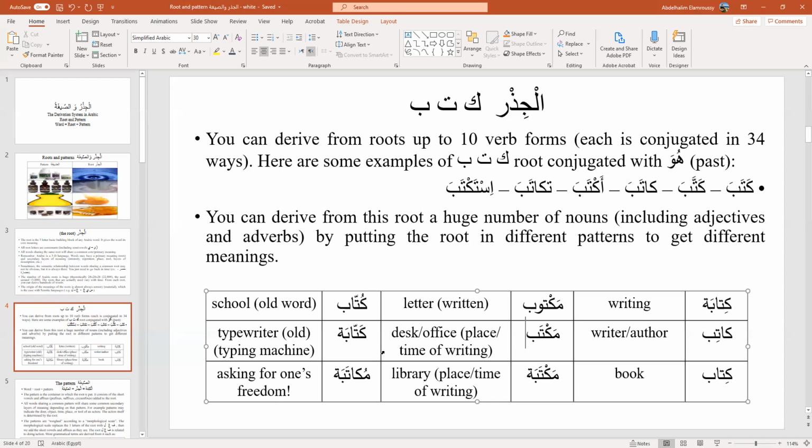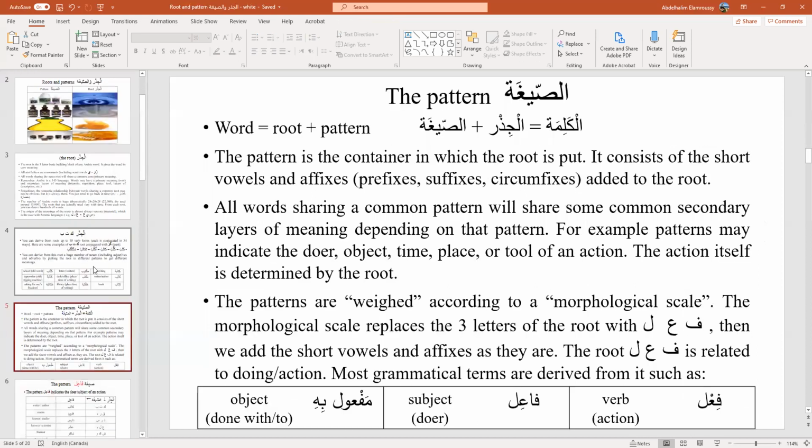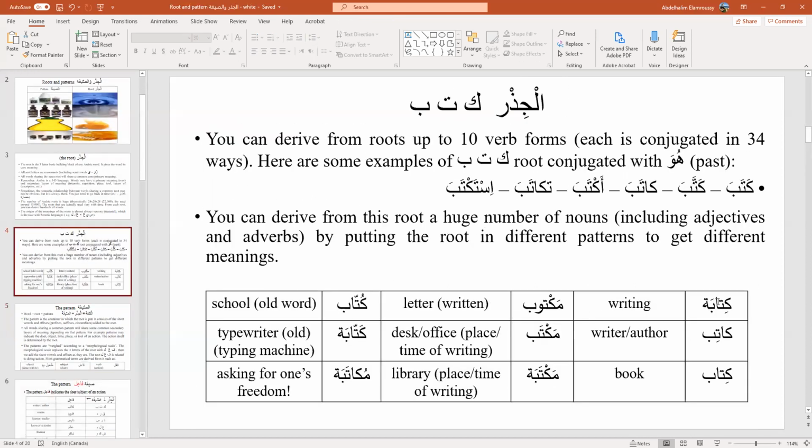And this process, mukataba, is literally the process of exchanging written material or exchanging letters. That's why the process of mukataba later acquired the meaning of asking for one's freedom, but today it's not used for that anymore. So again, all of these words, whether verbs or nouns, share the same root, which is kataba, and all have to do with writing.